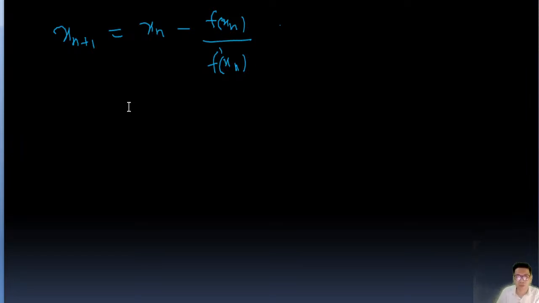Okay, so here we'll first find x1. You can write it as xn minus f(x) upon f dash x at x equal to xn.